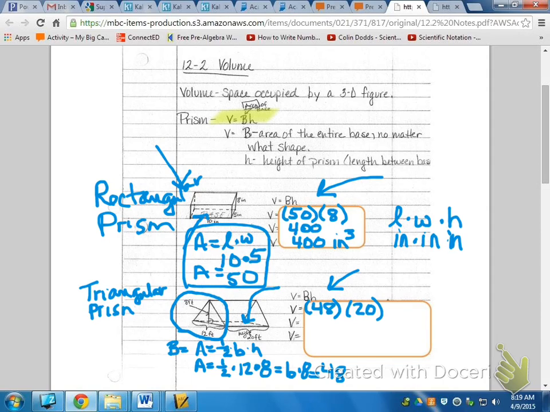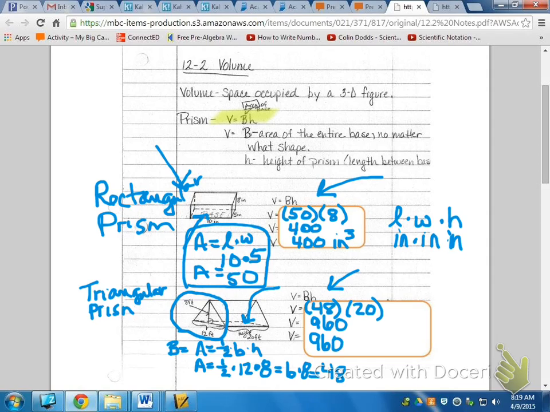It's laying on the lateral face, and however long that is, that's the height of the prism. You just got to remember that the bases are the two identical sides. The rectangles are really the lateral sides. They're not the bases. So 20 times 48 would be 960.